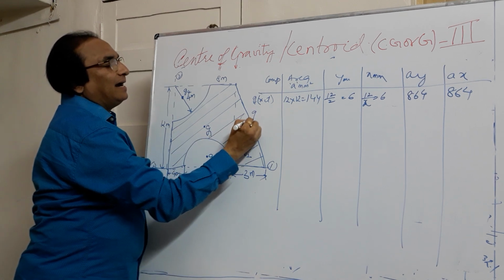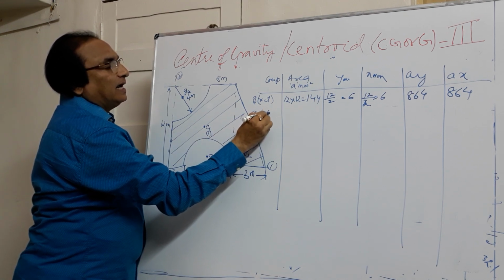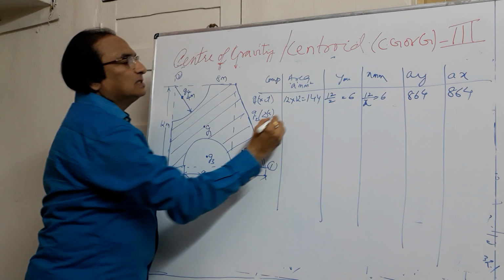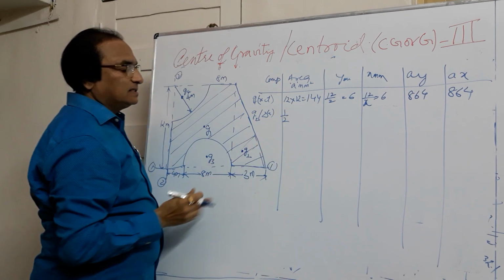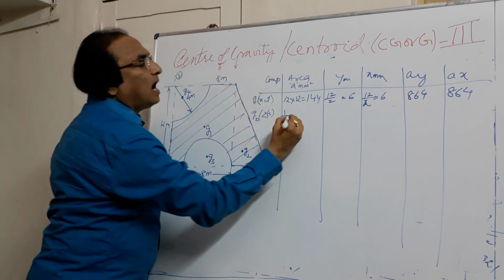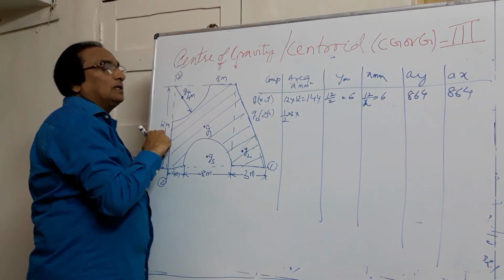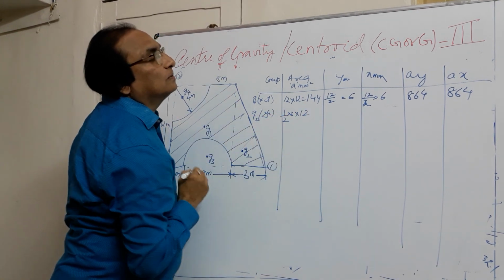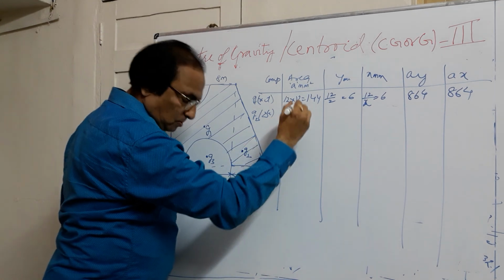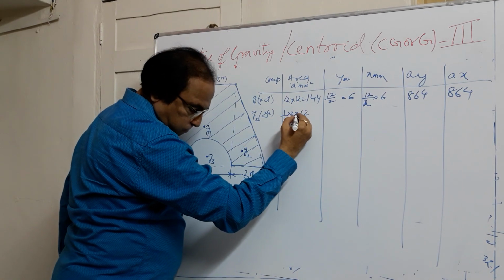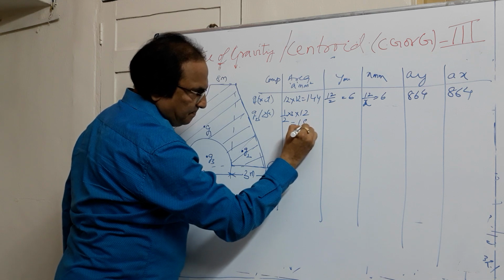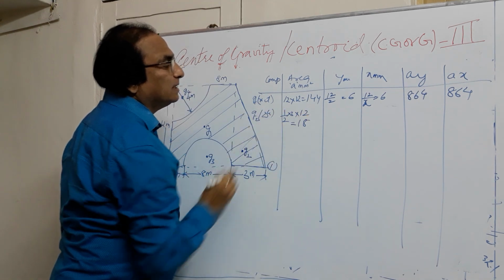To this I'll add a triangle. What is the size of the triangle? Area of triangle is half into base into height. Half into 3 into the height of the triangle, 12 meters. So this will be equal to 18.